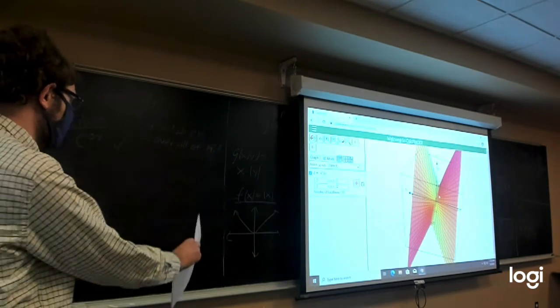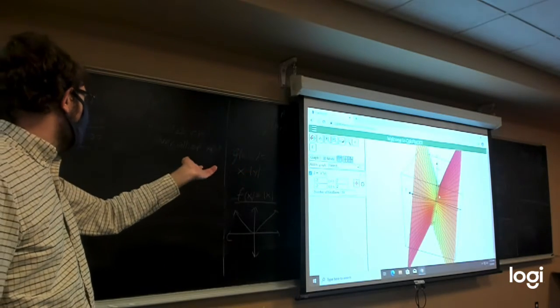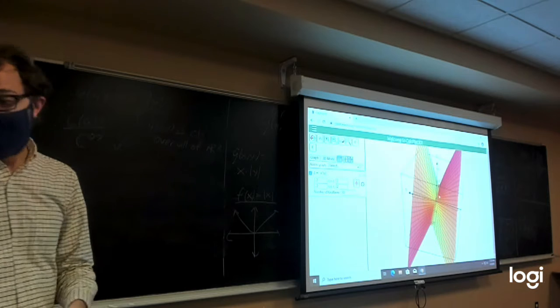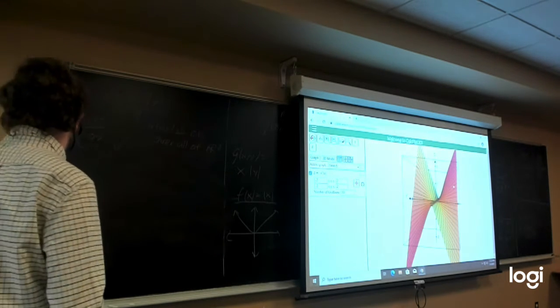Limit as x goes to 0 of this function equals 0. Limit as (x, y) approaches any point of x times absolute value of y is just going to be the function evaluated at that point. So we do get a C0 function.